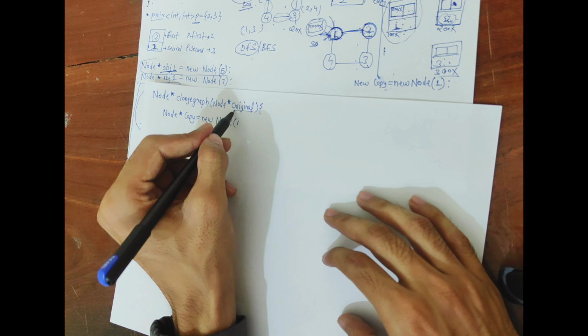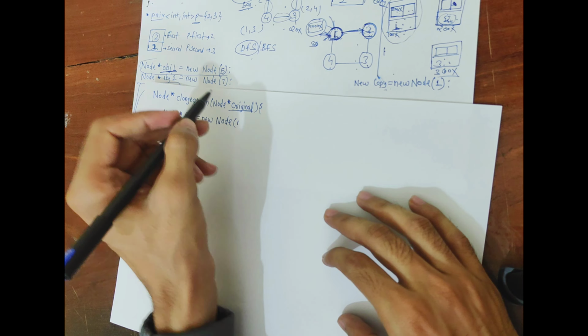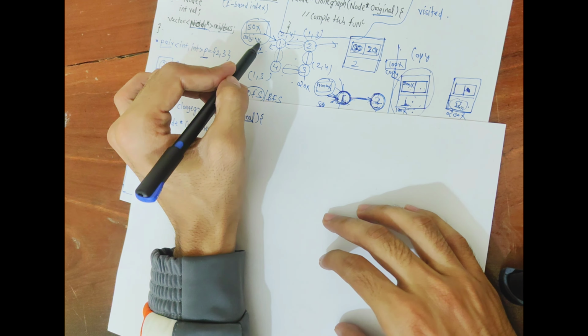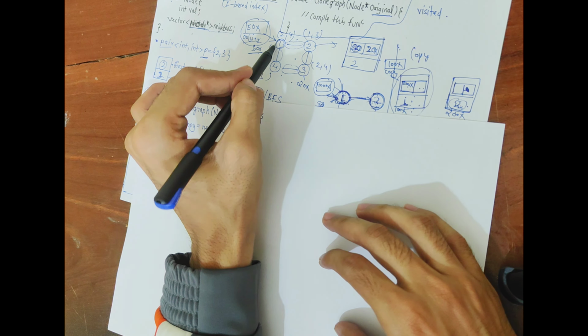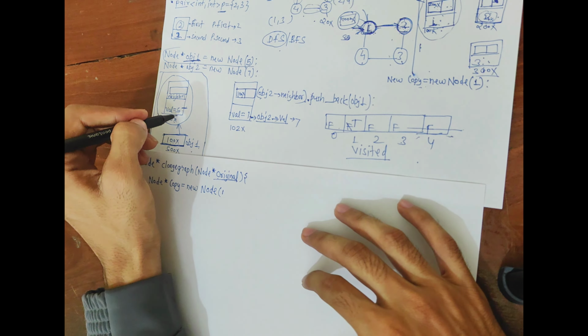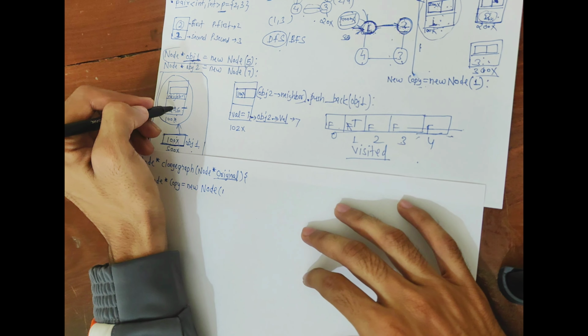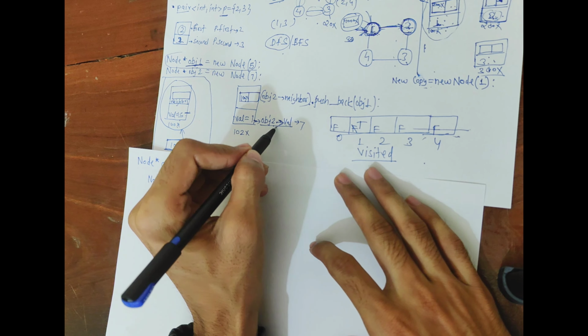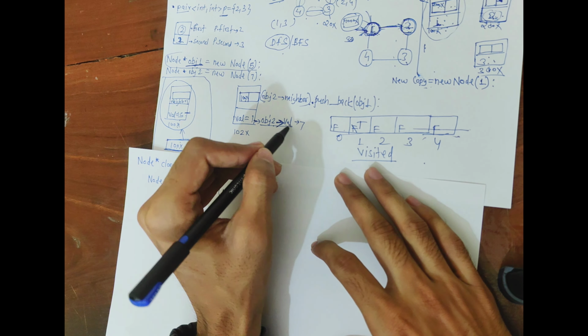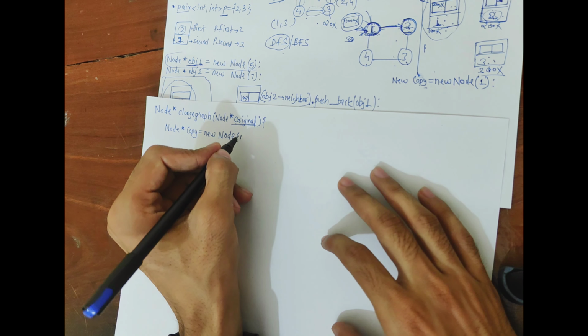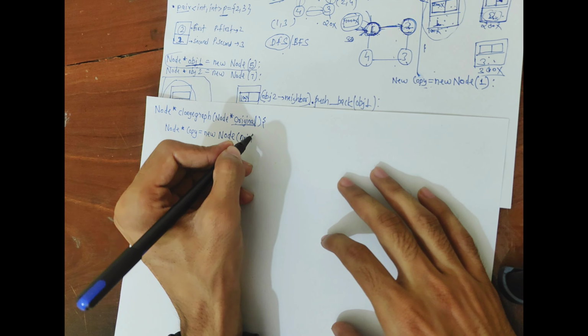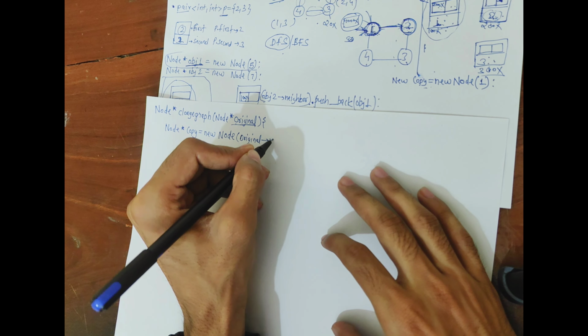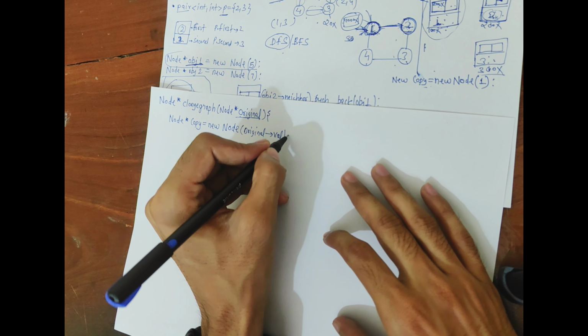How will I get the value of this original? See, this is the original and I want to get this value. Let's say I am at this node and I want to get the value 5. So how will I say it? Obj arrow value, right? So I will say original arrow value.